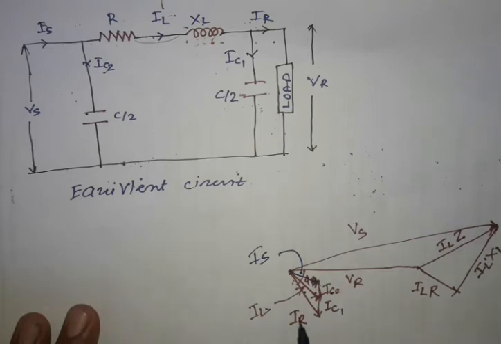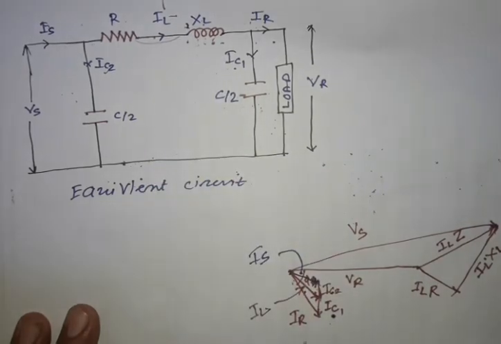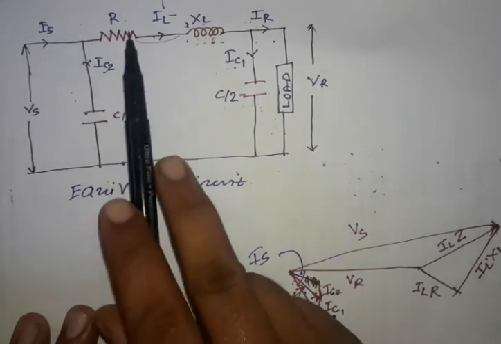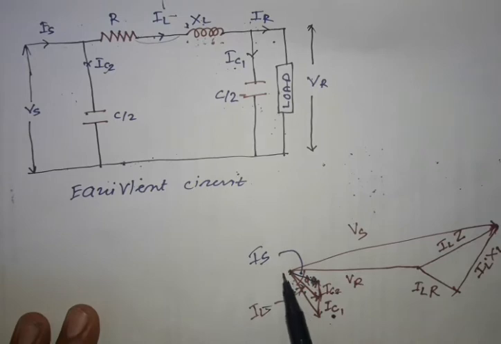So first, IR and IC1 give IL. Then IL and IC2 give IS. So we draw the line IS. Now current IS we find.